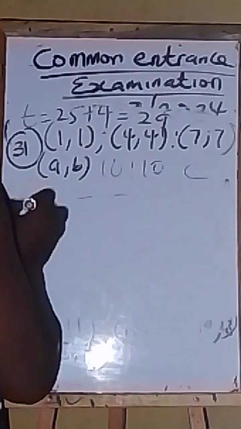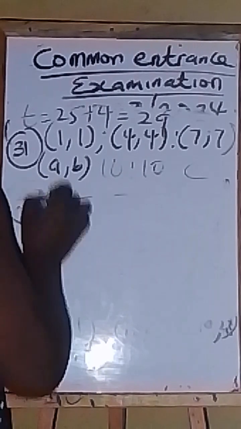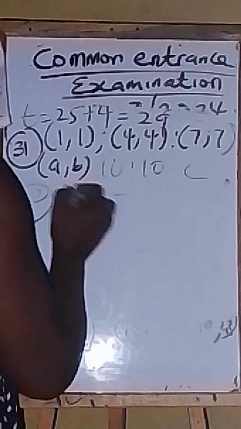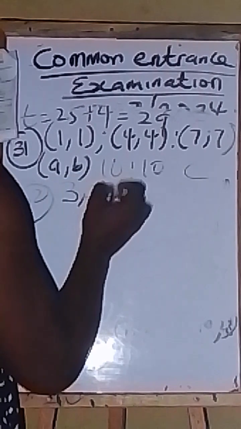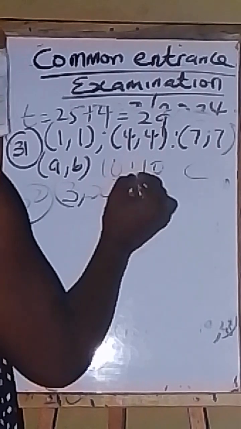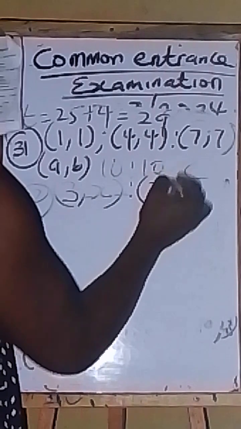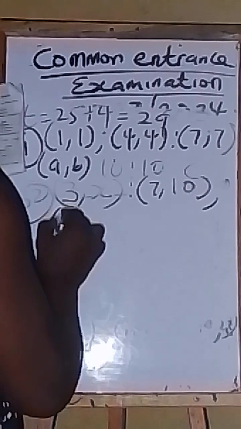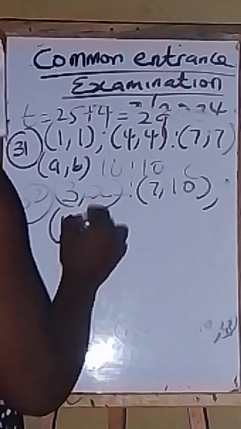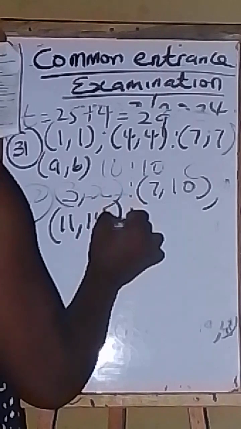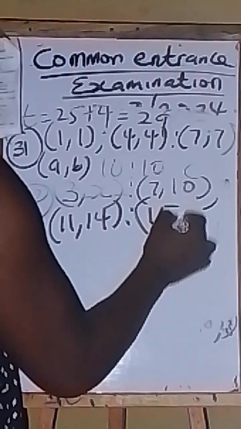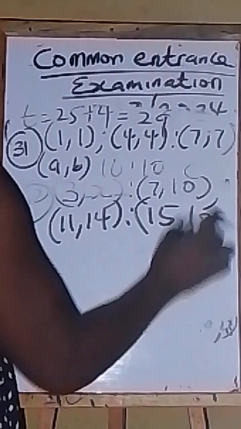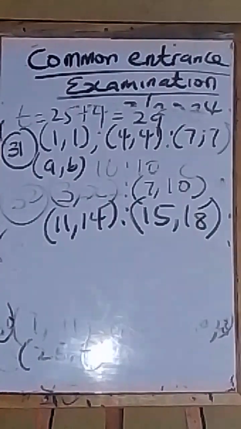The next one, we have 3 comma x, 7 comma 10, 11 comma 14, 15 comma 18. So we have to find x.